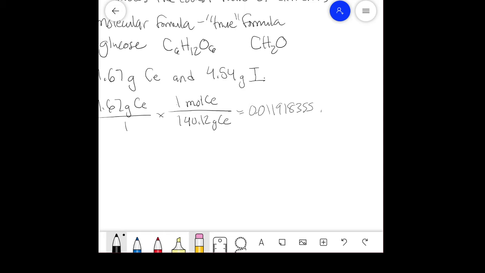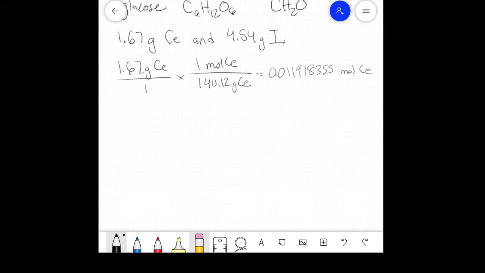Okay, so now I'm going to do the same thing for iodine. Put it over its mass from the periodic table.